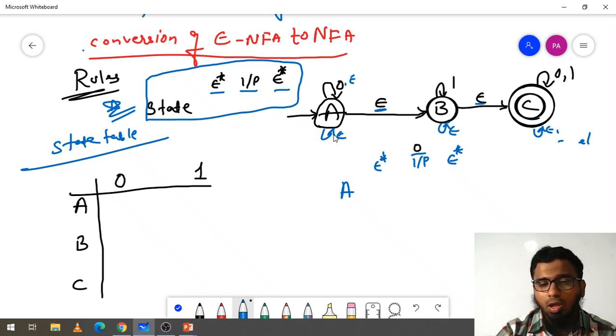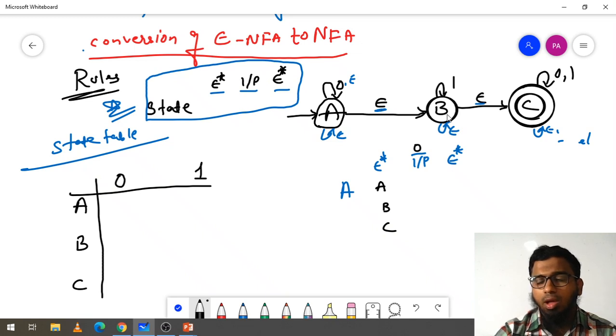So A on epsilon is A, and A on epsilon is going to B, and from B on epsilon it is going to C. That means when A epsilon is there, it is going to B as well as C. So here we will get A, B and C. So this is the first step.